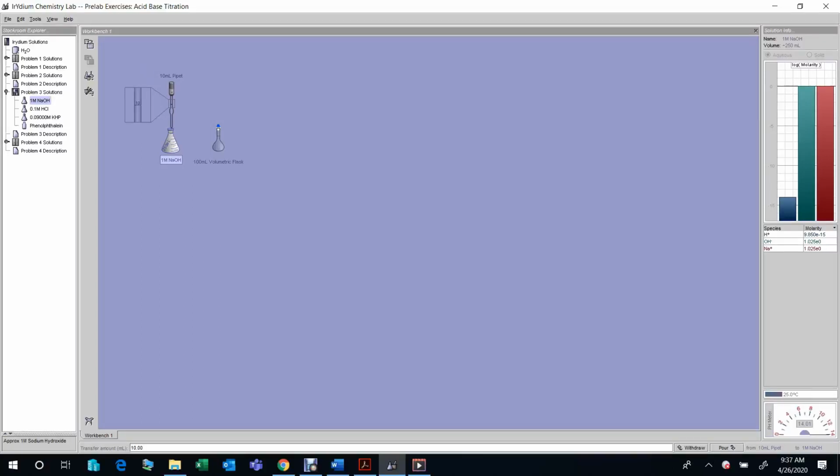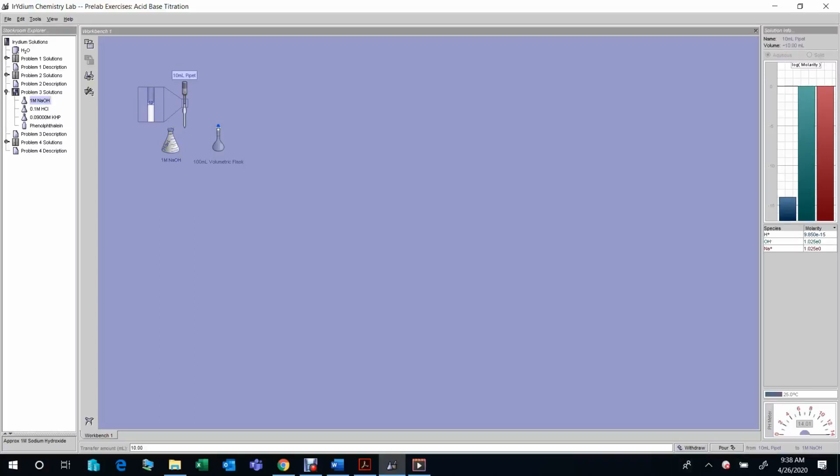When we pipette out 10 milliliter solution, it's a very accurate volume. That's the reason we put 10.00 at the bottom. At the bottom window, you see, that's the volume we want to pipette, 10.00. Then we click the withdraw function at the bottom right here.